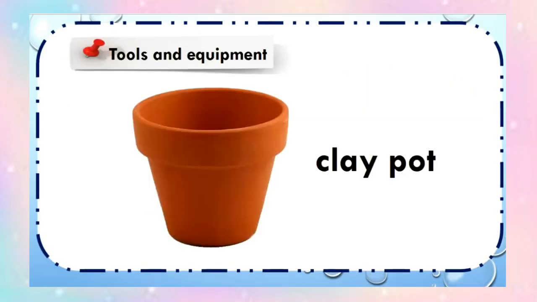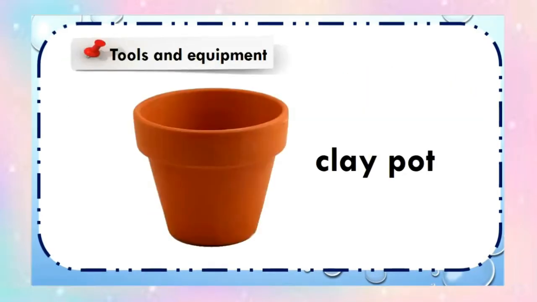So let's start. We need tools and equipment. If you have a clay pot at home, you can do this. Or I think you can use recycled bottles as well. Yes, you can if you don't have a clay pot, okay? Recycled bottles or jars.